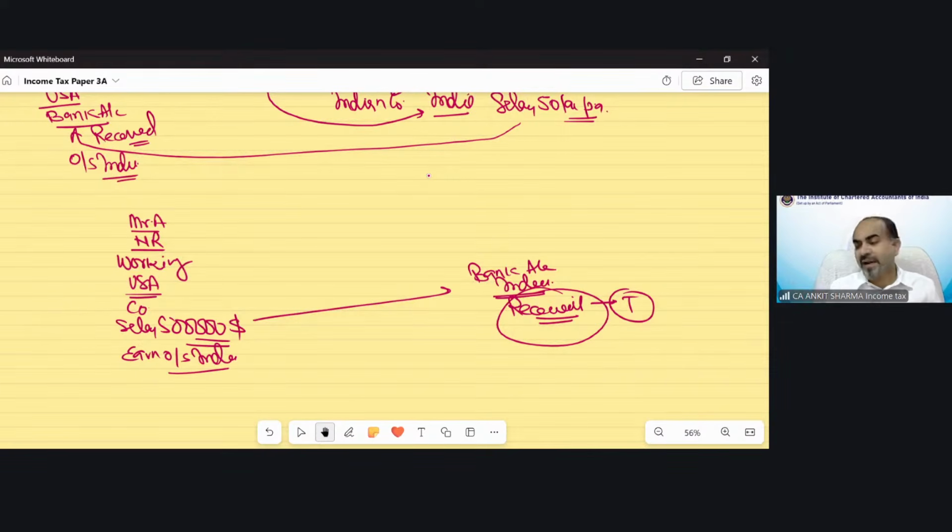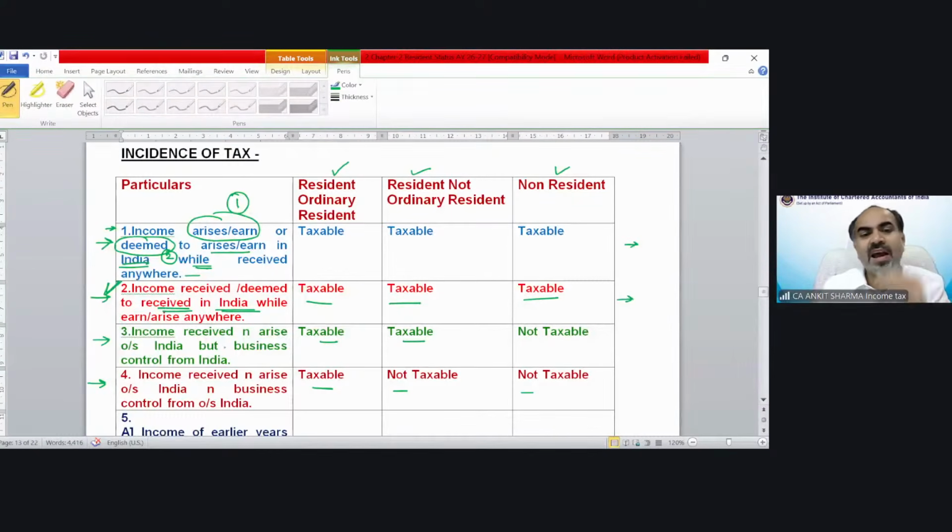Okay, now the third category is different. The third case says income received and arising outside India. Now both are outside India.